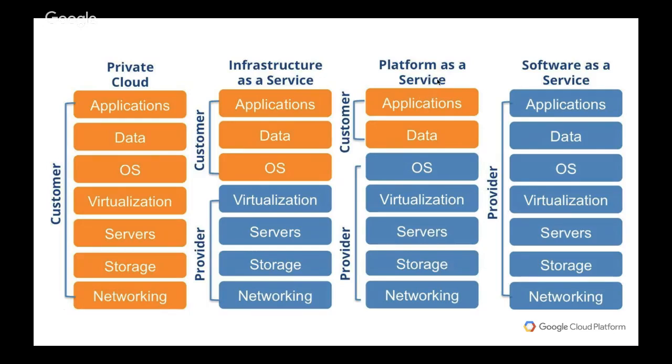It could be easy on infrastructure as a service, but it's not easy on platform as a service. So you have to decide. It's a trade-off. What are your requirements? What resources are available to you? Then decide which solution to go with.